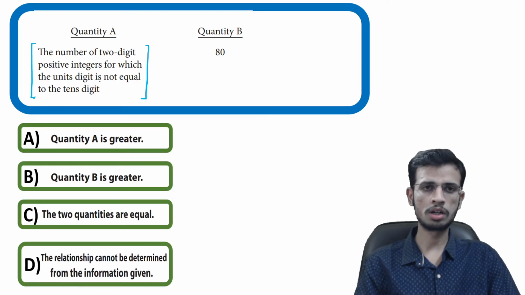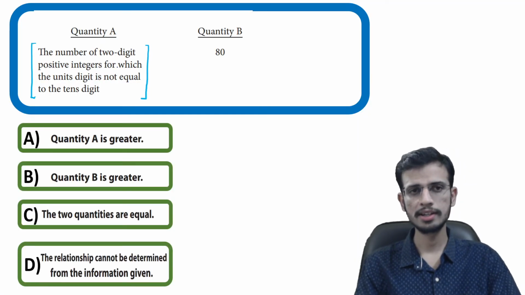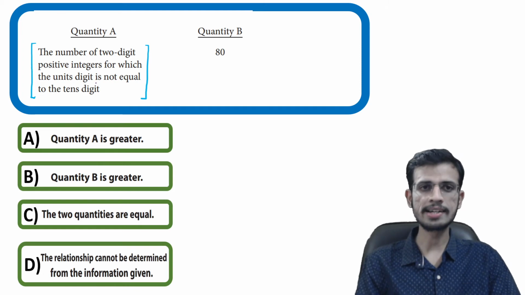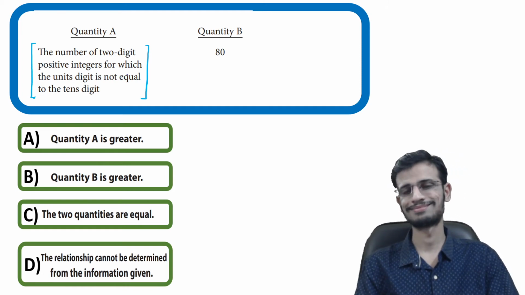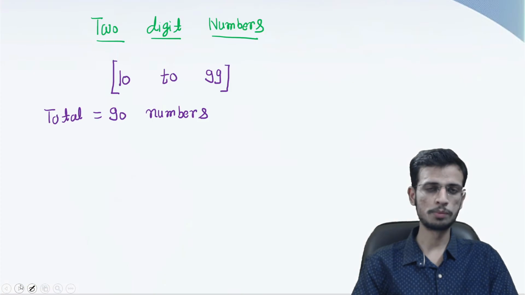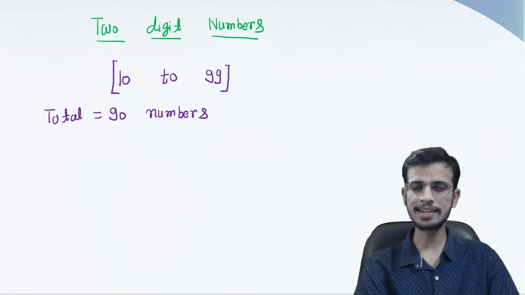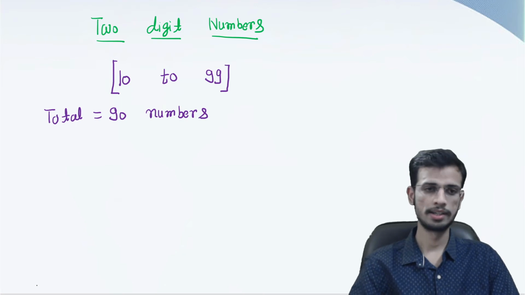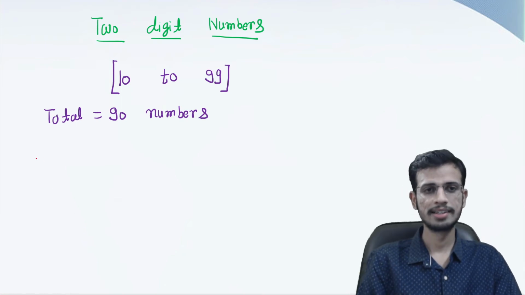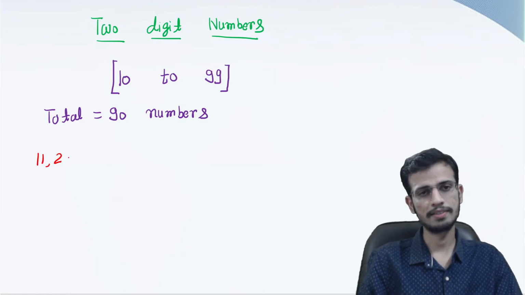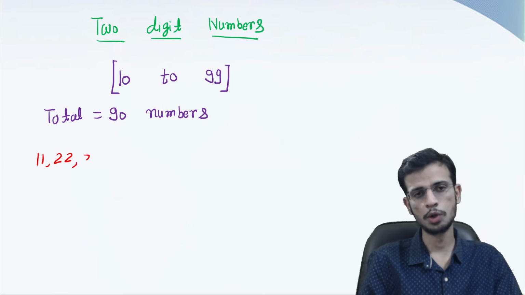But we have to consider those numbers for which the units place and tens place are not the same. So from the total 90 numbers, we will subtract those numbers in which units and tens place are the same, like 11, right? These are the numbers which are not following our condition, right?